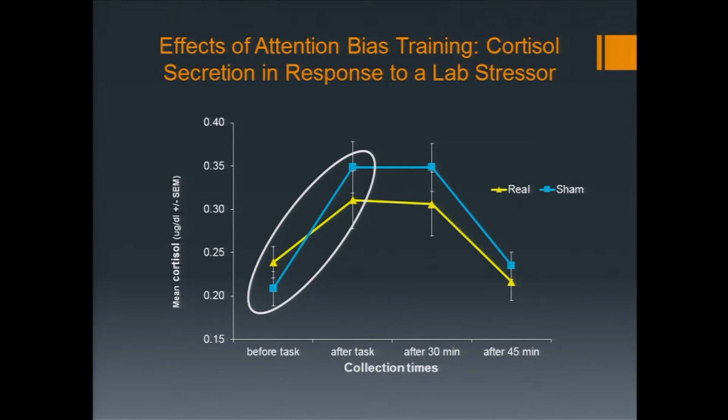That is the initial cortisol response. It's a stress hormone. It's what people secrete in response to stress. And attention bias training is not only reducing the reactivity, it's reducing the absolute level during the recovery period itself.